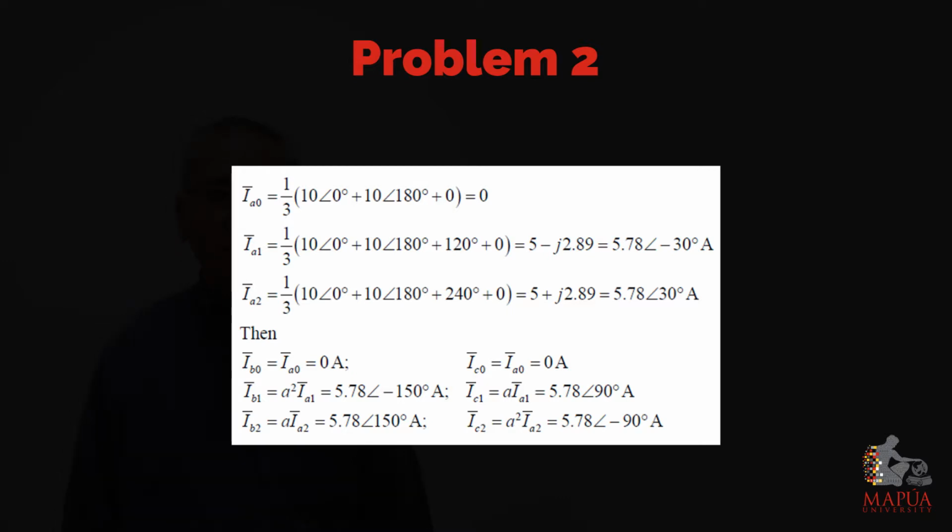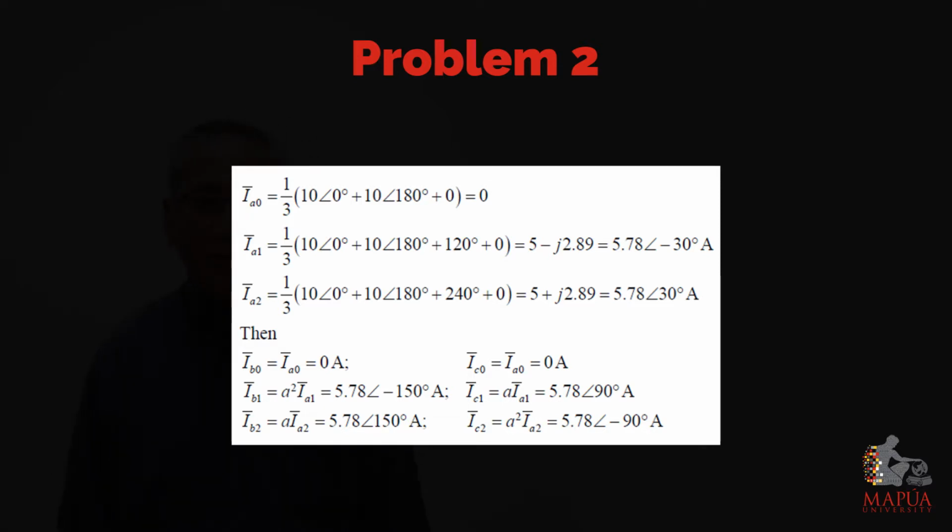IA1 is 1/3 multiplied by the quantity 10 angle 0 degrees plus 10 angle 180 degrees plus 120 degrees plus 0, and that gives us a magnitude of 5.78 angle negative 30 degrees amperes. IA2 is equal to 1/3 multiplied by the quantity 10 angle 0 plus 10 angle 180 degrees plus 240 degrees plus 0, and that gives us a magnitude of 5.78 angle positive 30 degrees amperes.